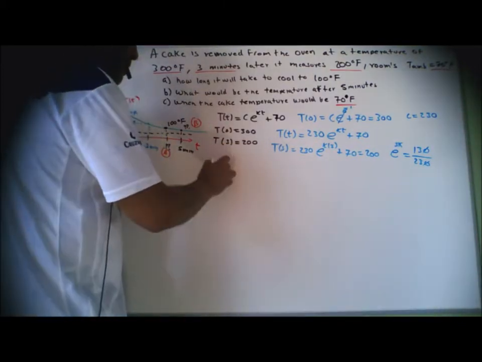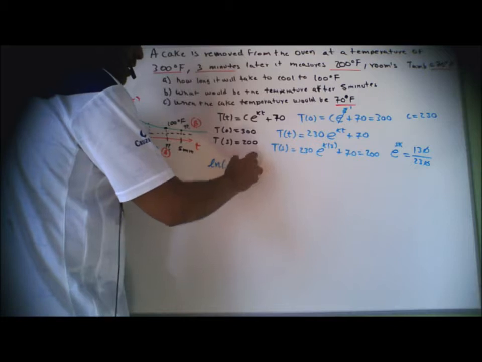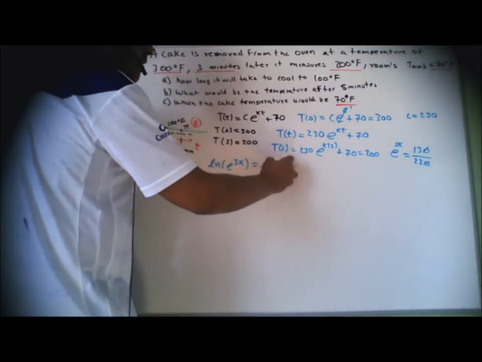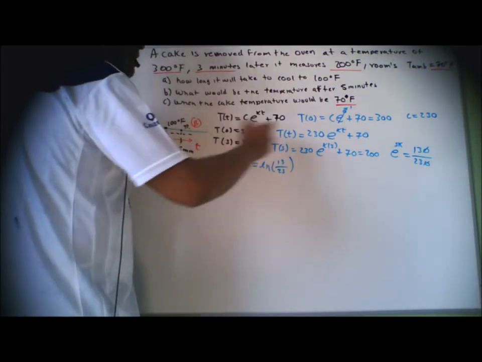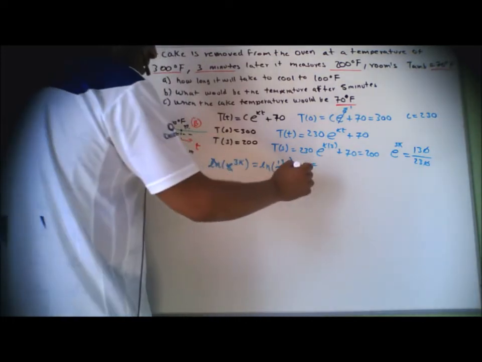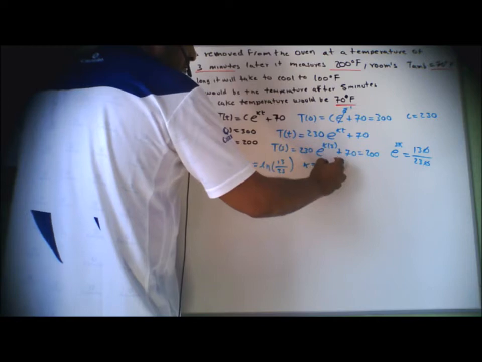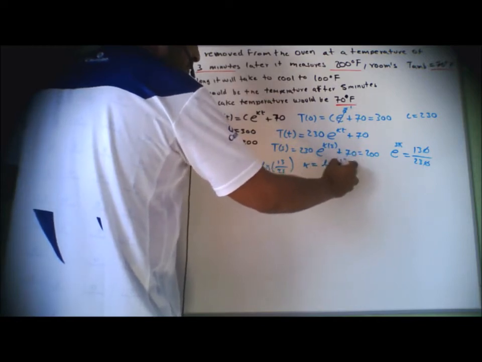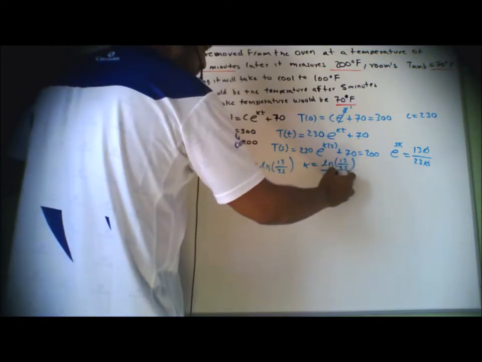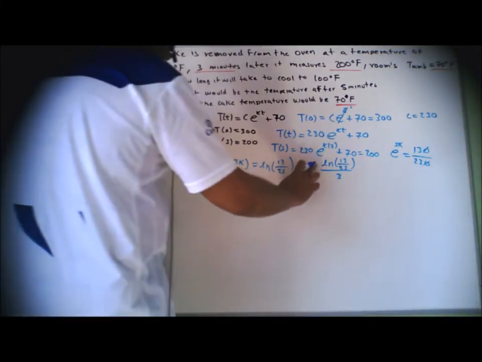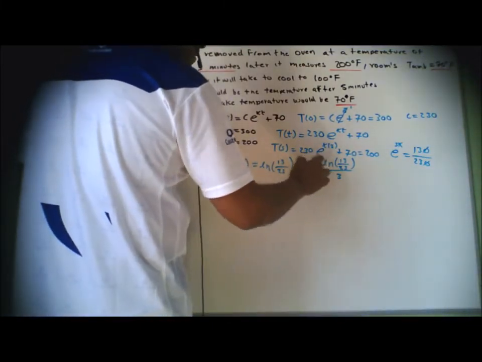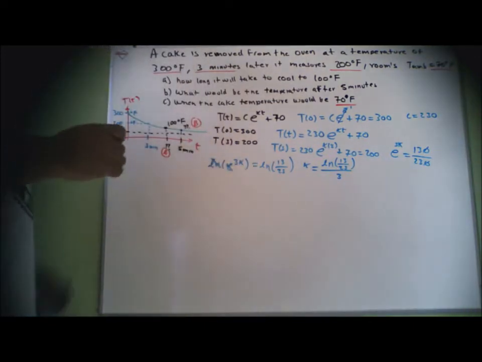So the natural logarithm of exponential of 3k is equal to the natural logarithm of 13 over 23. So this and this cancel. So you can see what is the value of k. k is equal to the natural logarithm of 13 over 23, and that divided by 3. Very ugly number because it has a lot of 3's. So that is the value of the k.